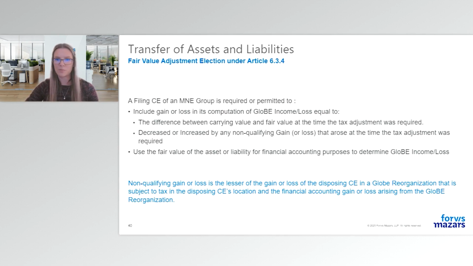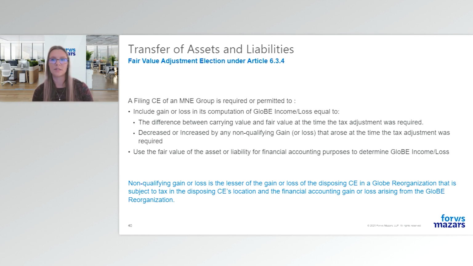Finally, going to move pretty quickly through this last section so that we can get to our elections and our comprehensive example. But I wanted to touch on the fair value adjustment election under Article 6.3.4. So a constituent entity may be required or permitted to adjust the tax basis of their assets or liabilities.